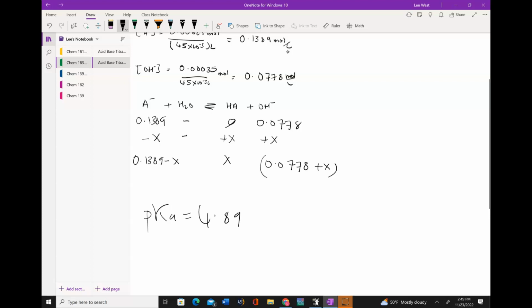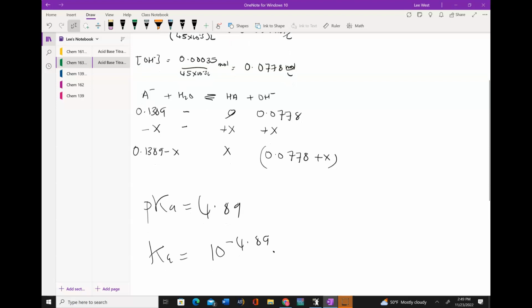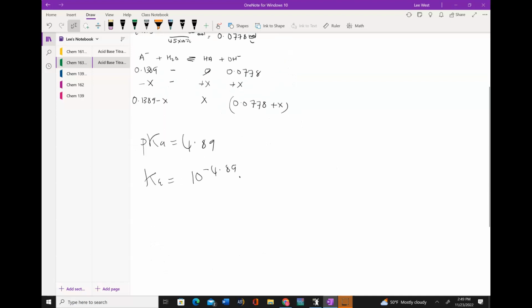So therefore our Ka is equal to 10 to the negative 4.89. So we know that Kb, which is what we're interested in, is Kw on Ka. So that's going to be 1 by 10 to the minus 14 on 10 to the negative 4.89.